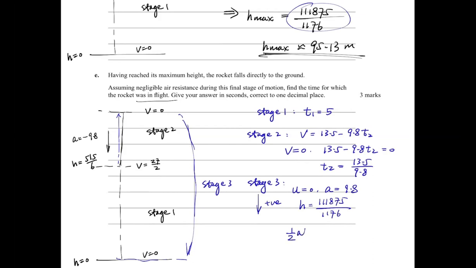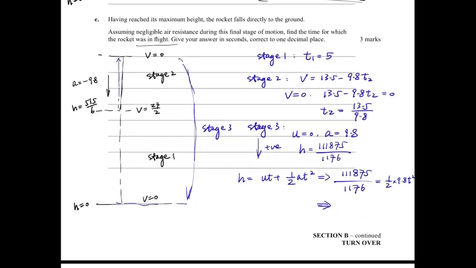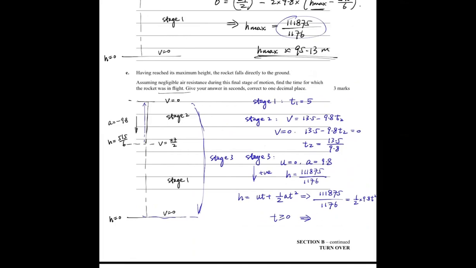Using ut plus half a t squared gives you 111875 divided by 1176 equals half times 9.8 times t squared. Solving this one, you will get t equals 25 root 2685 divided by 294. This is my T3, okay?